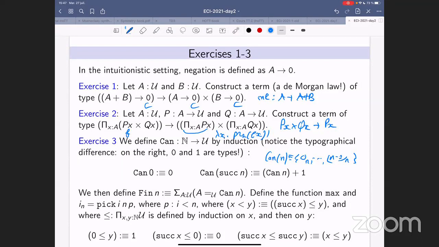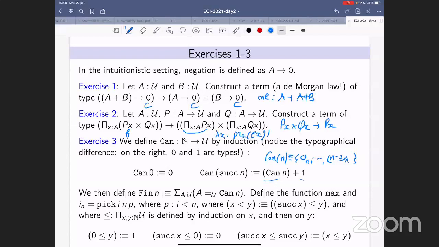This can be defined by induction on natural numbers, by saying that can of 0 is 0, because the type 0 is what represents the empty finite set. It's the best representative somehow. And then you can define can of suc n to be the coproduct of can of n and 1. So essentially the canonical set with n elements plus another element, so then you have n plus 1 elements.